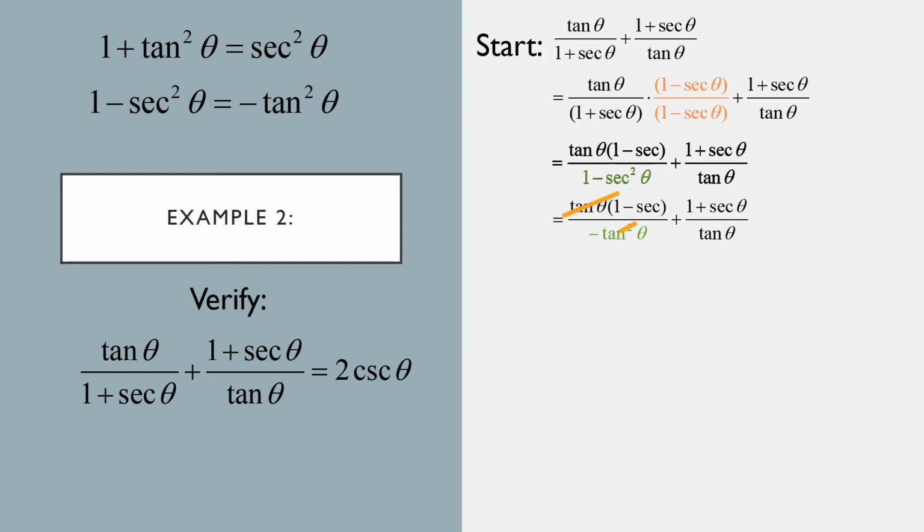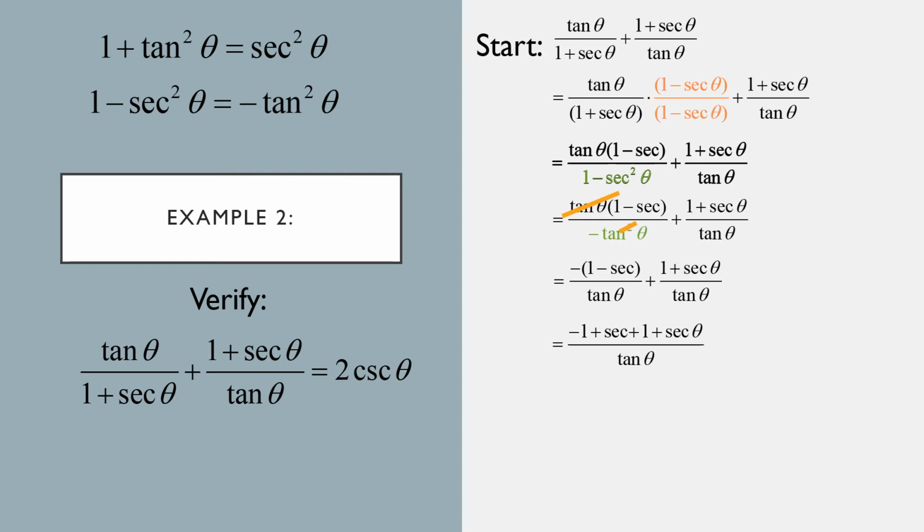Now I can simplify the numerator with one of the factors in the denominator. And in this next step, notice how I put the negative sign in the numerator instead of the denominator so that I would have like denominators. Now that I have like denominators, I'm going to add the fractions.